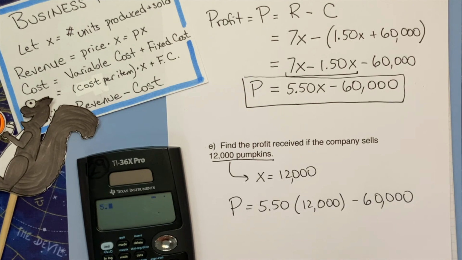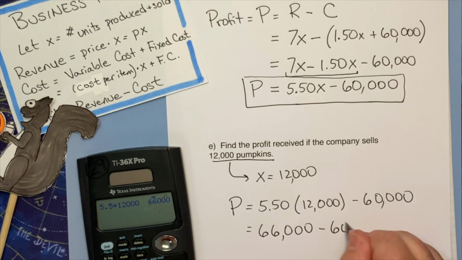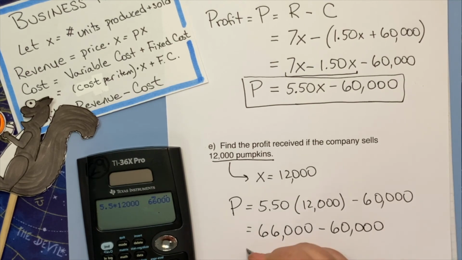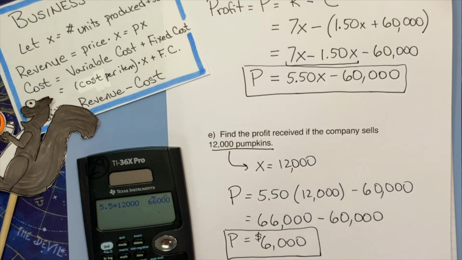So 5.5 times 12, 1, 2, 3 is 66,000. 66,000 minus 60,000 is going to be a profit of 6,000. Woohoo.